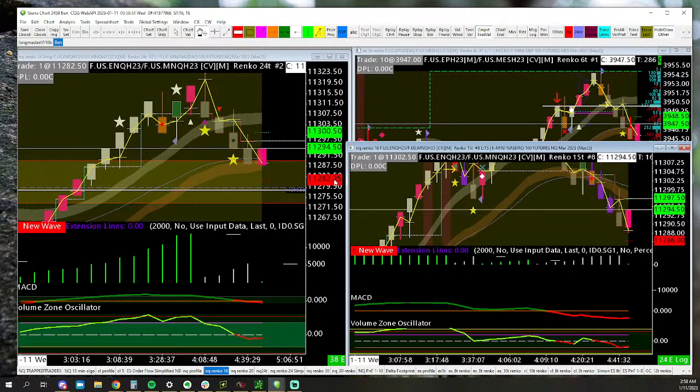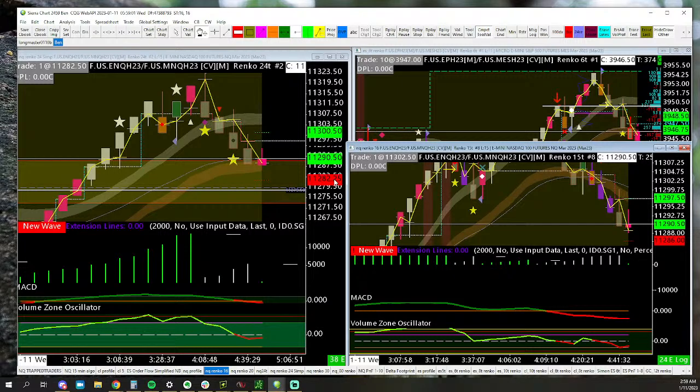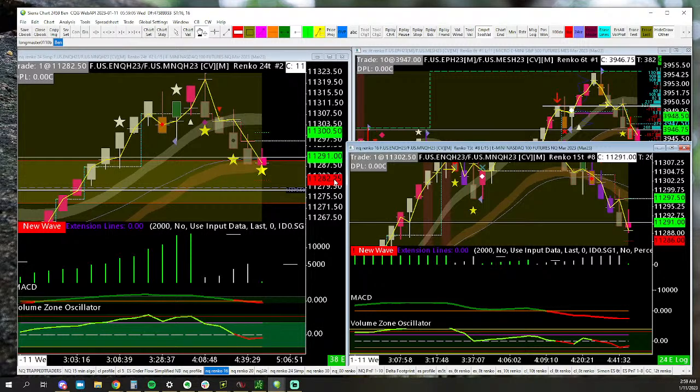Cool. Yeah, I don't think it's going to set up. Darn. Right back into that low volume node, that orange area. I'm impressed that if they do just rip it right through there, I am impressed.